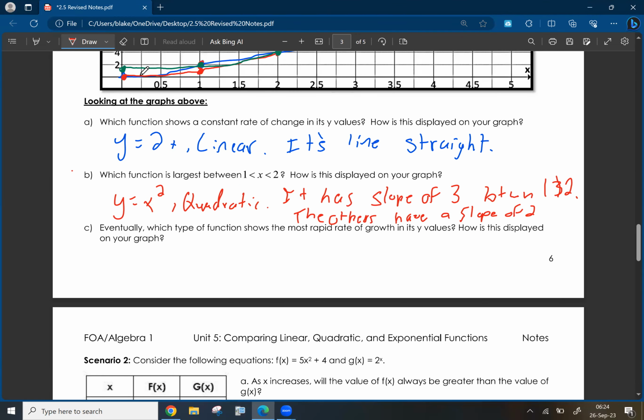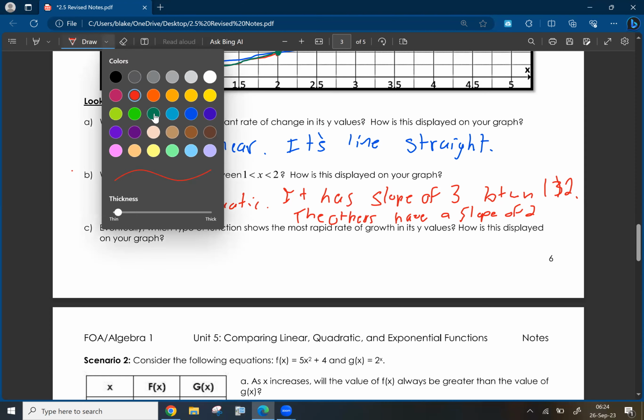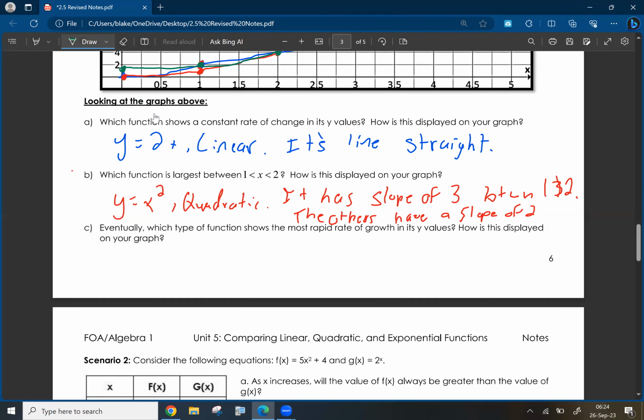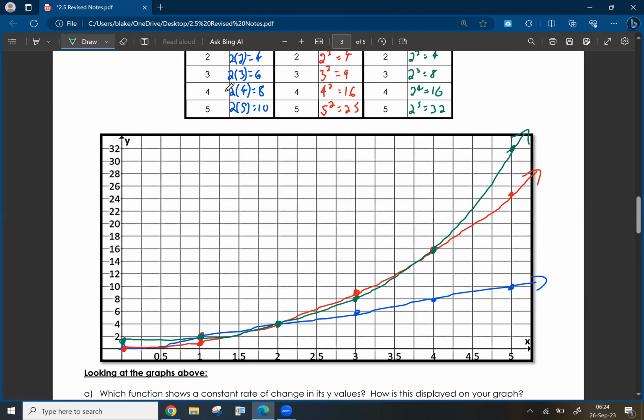Eventually, which type of function shows the most rapid growth in its y values? So this is the one with the steepest slope, which is going to be the green graph. As you can see, it kind of shoots upwards, and it's going to obviously do that a lot. And so that's an indication of the fact that it's going to have the most rapid growth because it's going from 16 to 32, whereas the other one only went from like 16 to 25.